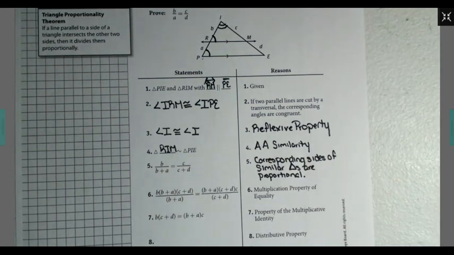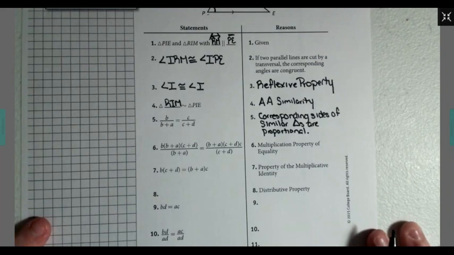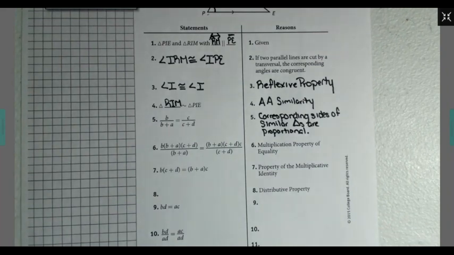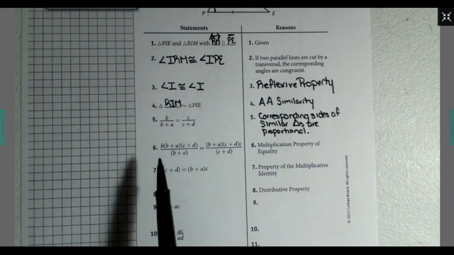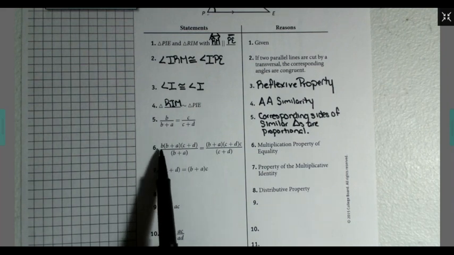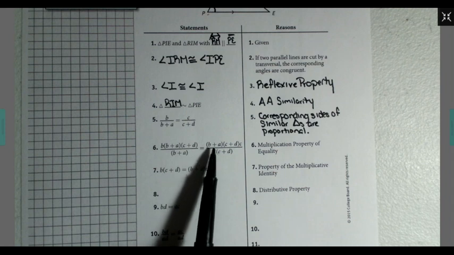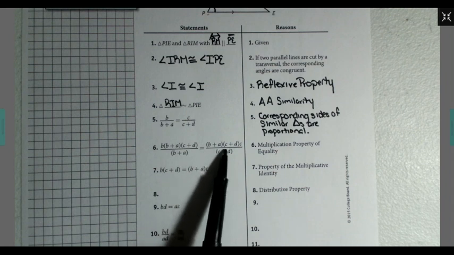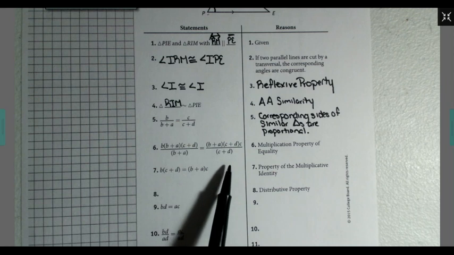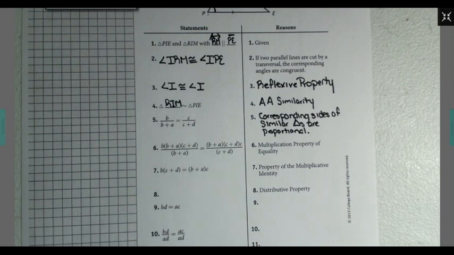They did all of number 6 by themselves, they stated both the statement and the reason. They said B times B plus A times C plus D equals over B plus A. Here they did B plus A times C plus D times C over C plus D. And they said multiplication property of equality.